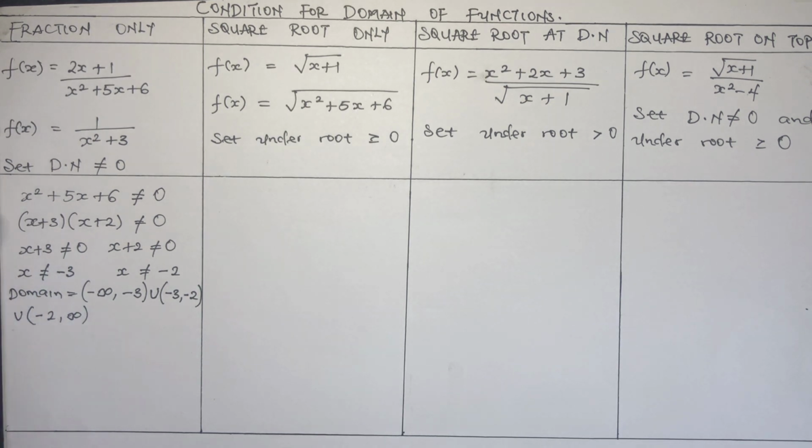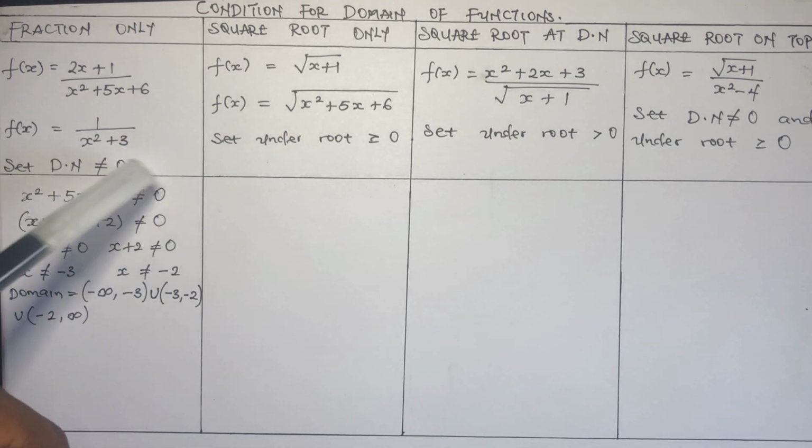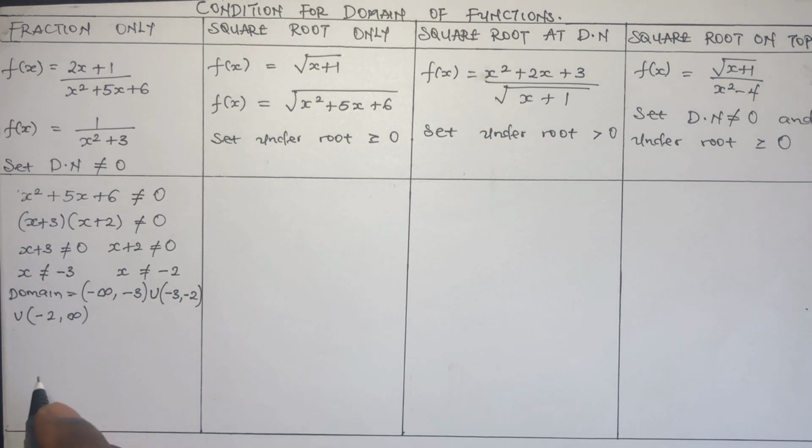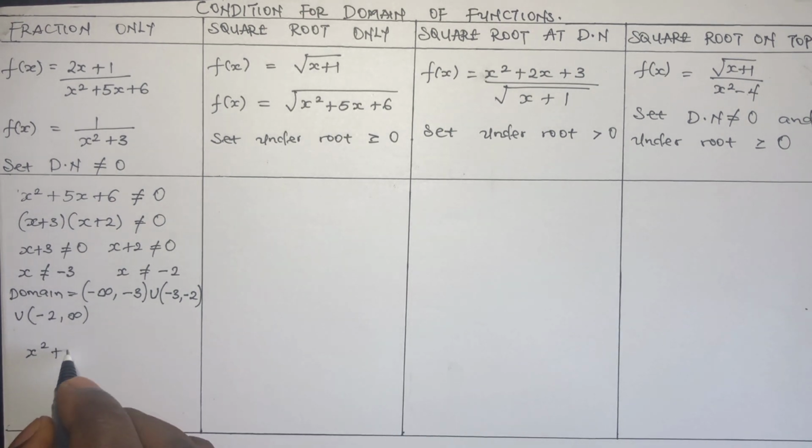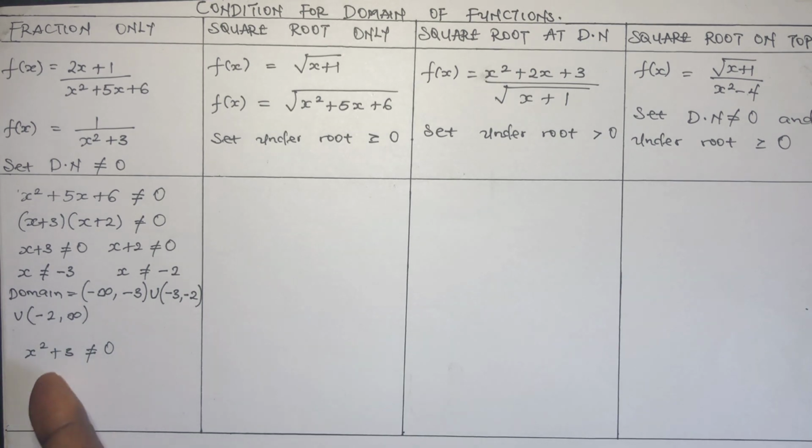Then let's test for the domain of the second function, where we have 1 over x squared plus 3. We need to set the denominator also not equal to 0. So we have x squared plus 3 should not be equal to 0. We subtract 3 from both sides, and we have x squared should not be equal to negative 3.